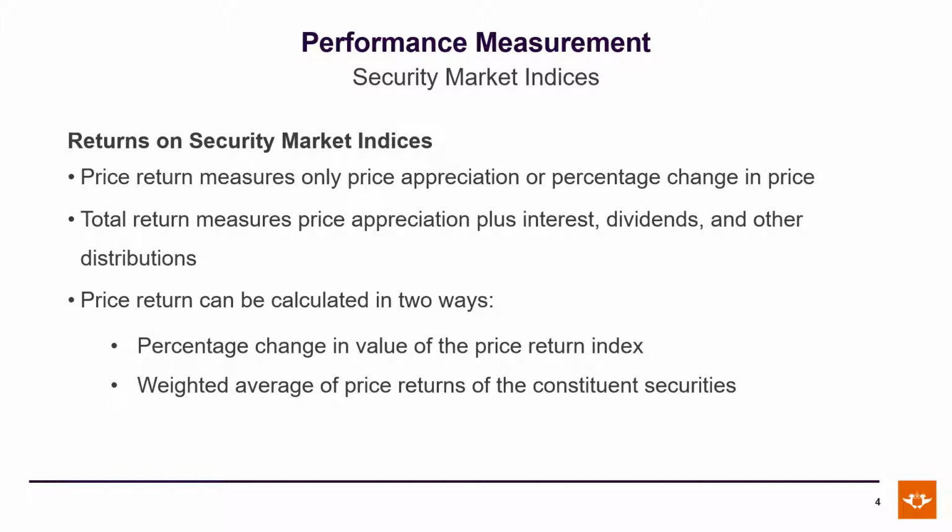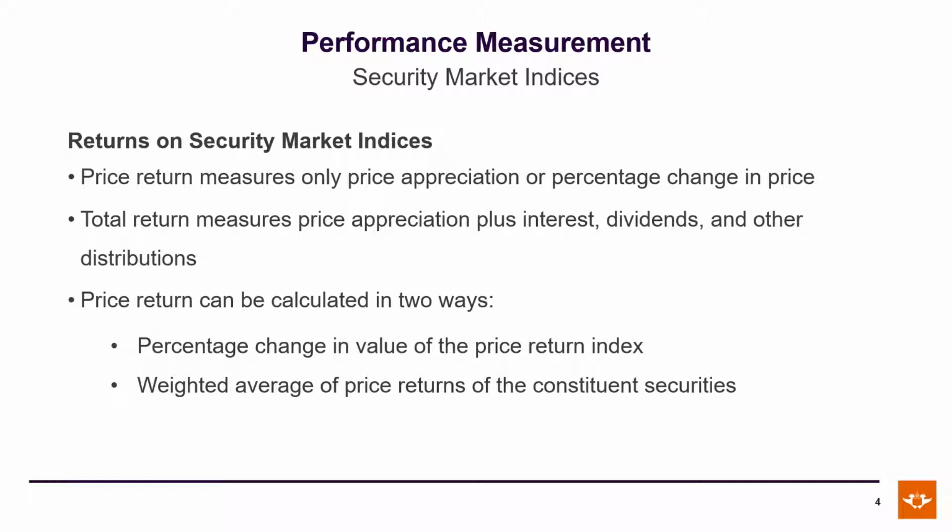When we look at a price return, it can be calculated in one of two ways. Either you can look at the percentage change in the value of the price return index, in that case you will look at the price of the index at the end less the price of the index at the start, and you would divide it by the price of the index at the start.